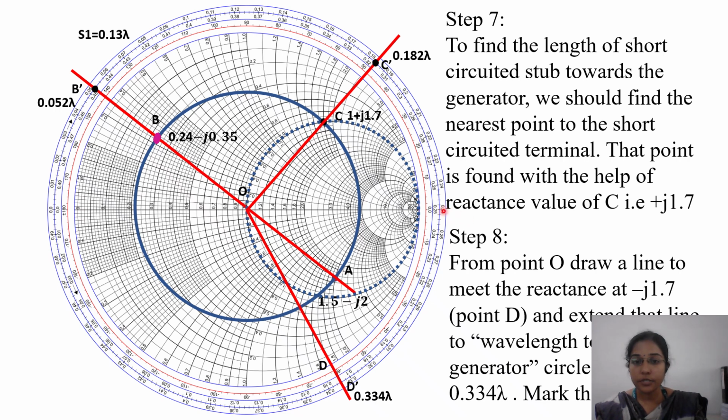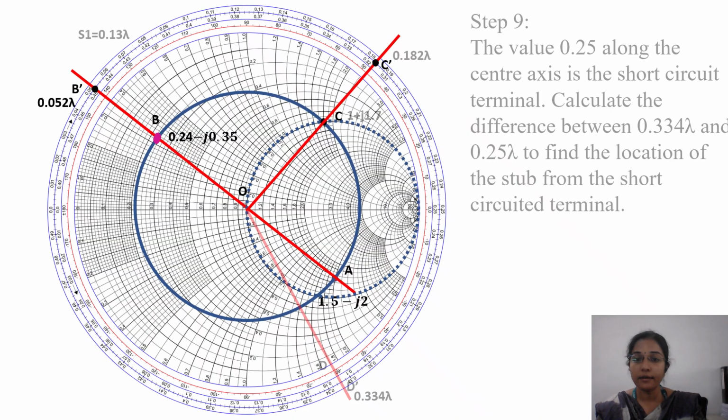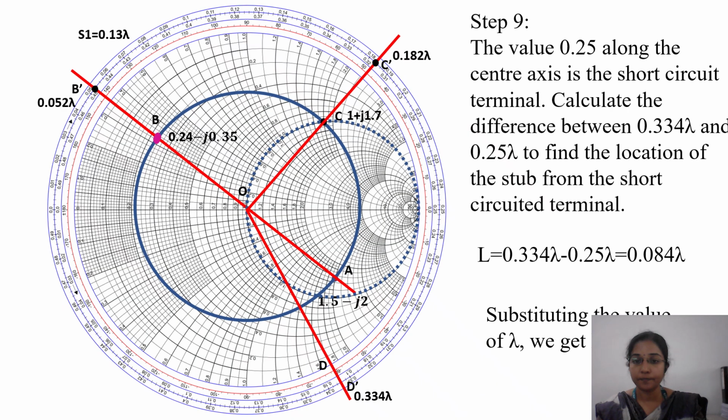The difference between these two values will give me the position of the stub. I'll be moving 3.2 meters to position my stub, and a few other points to calculate the length of the stub.